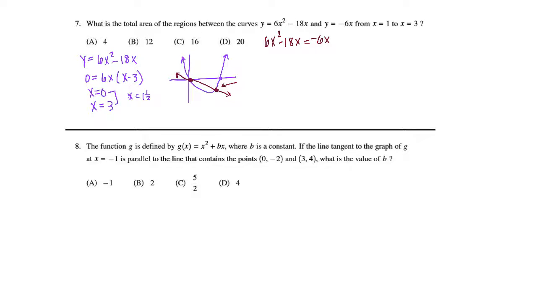We're setting them equal because their y values are equal at that particular point. So that means I have 6x squared minus 12x equals 0. We can take out a 6x, times x minus 2. We already knew they would intersect at 0, but here's the other x value. They intersect at 2. So really, I have two areas that are bounded that we need to find.